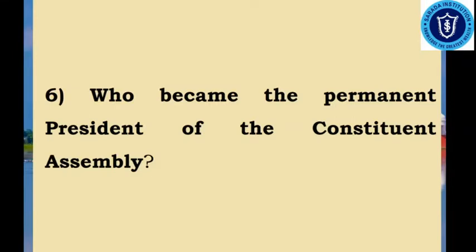Question number 6. Who became the permanent president of the Constituent Assembly? What does it mean? On 9th December 1946, in the very first meeting of the Constituent Assembly, the chairman was Dr. Sachidanand Sinha.